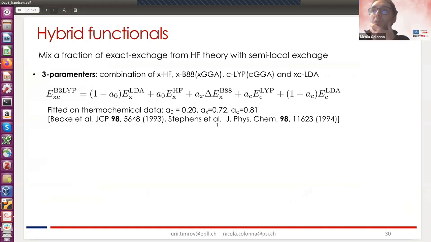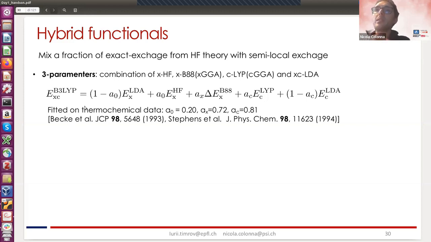Now, before going into detail, a few words about hybrids. As I said at the beginning, essentially the idea is to mix a fraction of exact exchange from Hartree-Fock with some semi-local exchange. The idea is very old, dating back to 1993, when Becke first introduced it.